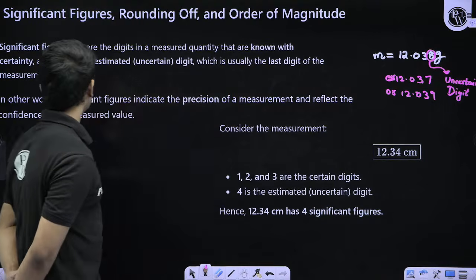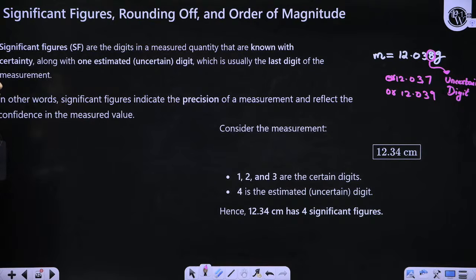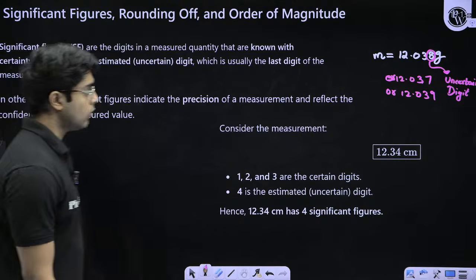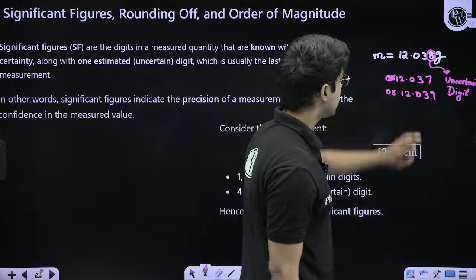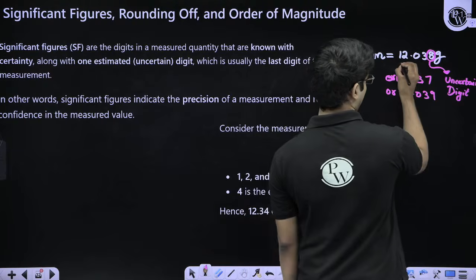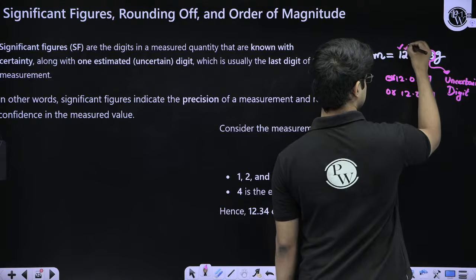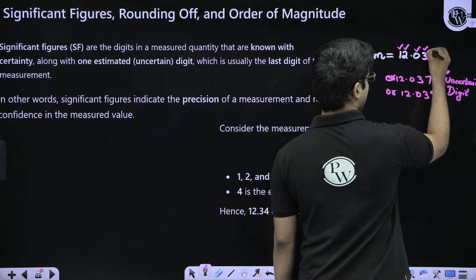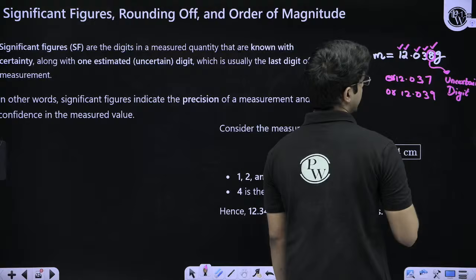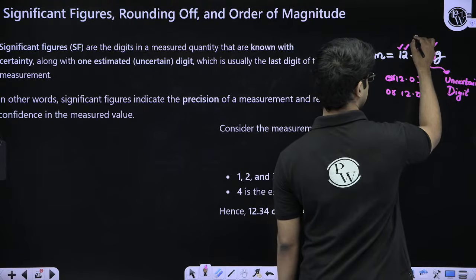We're confident about the other digits. So the significant figures of any measurement are simply all the certain digits, 1, 2, 0, 3, and the uncertain digit. So here we will have 5 significant digits.